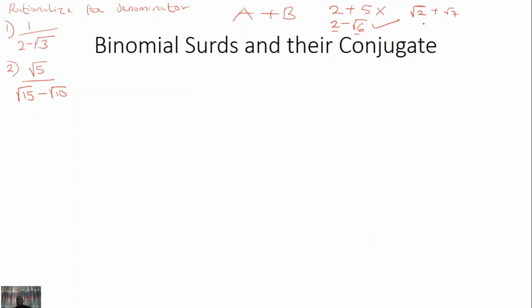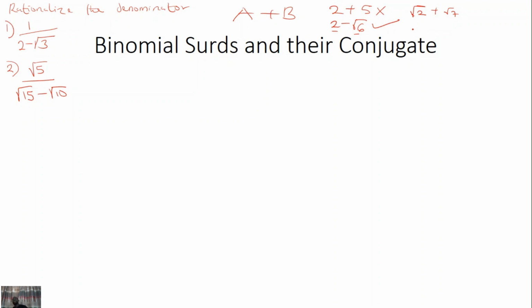Why is it important for us to know binomial surds? It's because binomial surds can be the denominator of a fraction and you may need to rationalize that fraction. If you are to rationalize a fraction whose denominator is a binomial surd, you treat it as a difference of two squares.